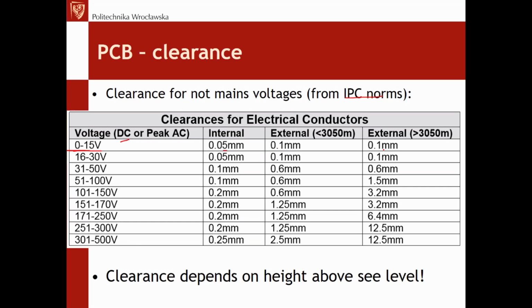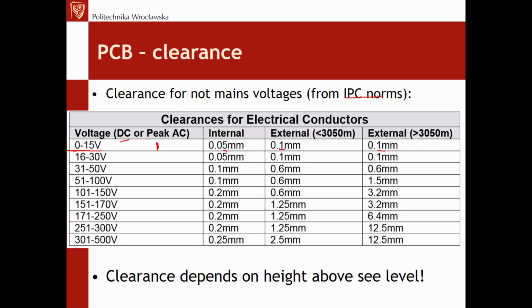And for the external layers, take a look, 100 microns. That's why 3.5 mils and lower is only for very low voltages. From 0 to 15 is the usual case, because usually the electronics we are designing are somewhere here, but still we can't get below 0.1 on external layers. That's in the norm.